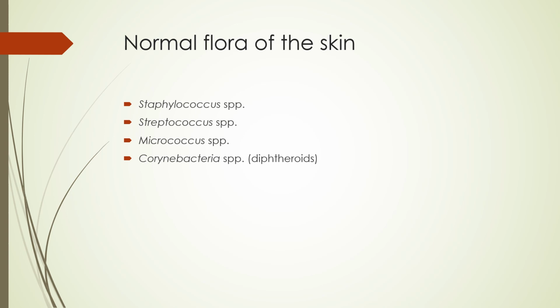We have Micrococcus, which are similar phenotypically to your Staphylococcus. And then we have Corynebacterium, or diphtheroids. These are gram-positive rods that usually live in the environment. For example, if you culture a cell phone that's been touching your ear, it's going to grow out normal flora because you have normal flora that lives on your ear.